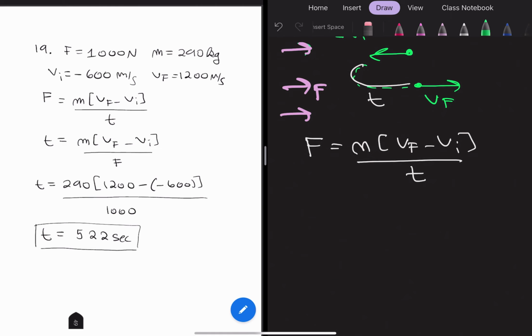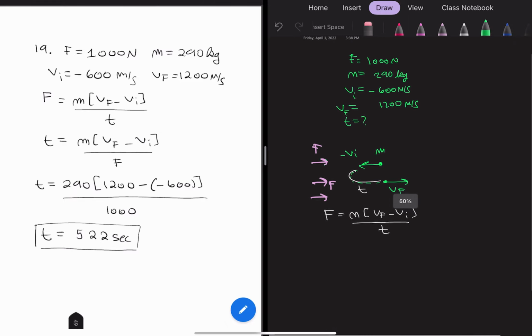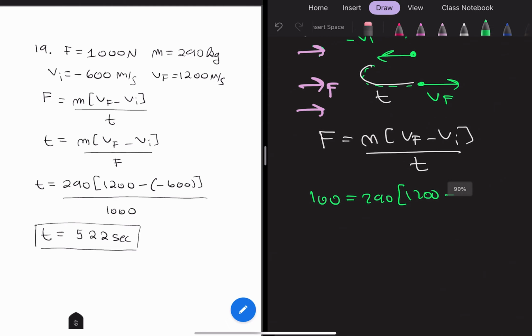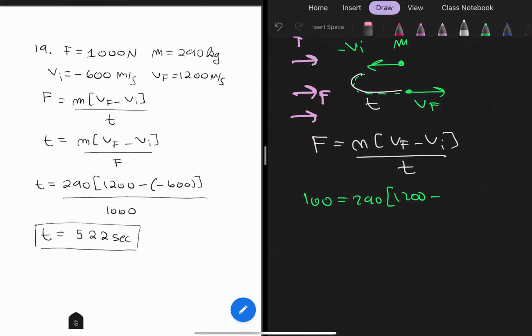So the force is equal to 1,000. The mass is 290. The final velocity is forwards, and it's positive 1,200, and minus the initial velocity, and the initial velocity is backwards at negative 600, and that gets divided by time.